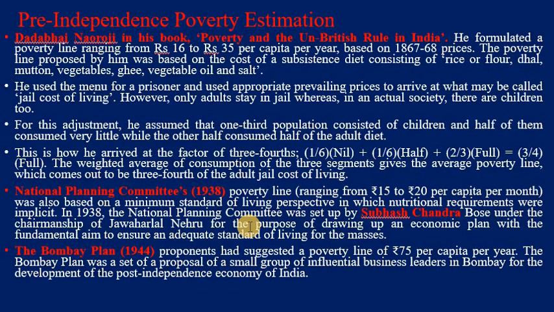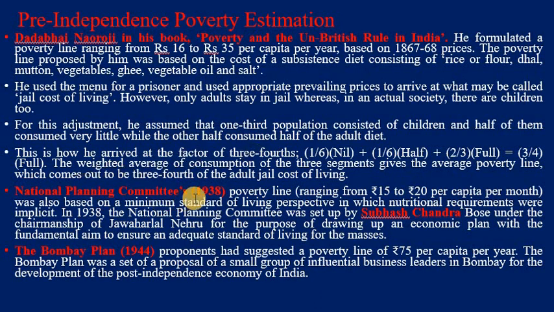Later, there is the National Planning Committee in 1938. They used once again the concept of the poverty line, ranging from 15 to 20 rupees per capita per month. They used the minimum standard of living required for nutritional requirements in 1938.